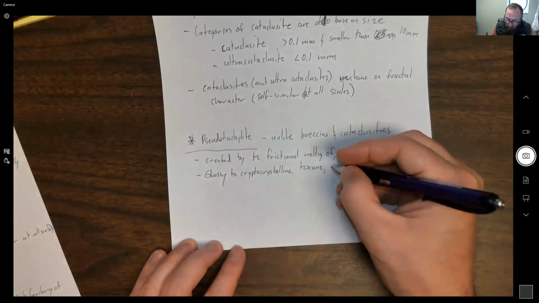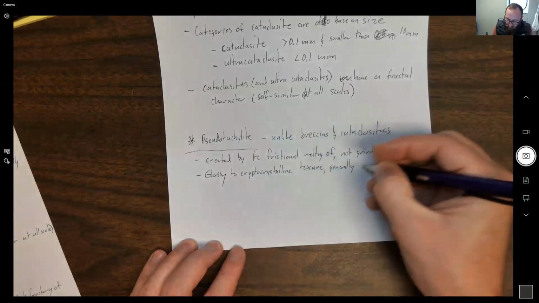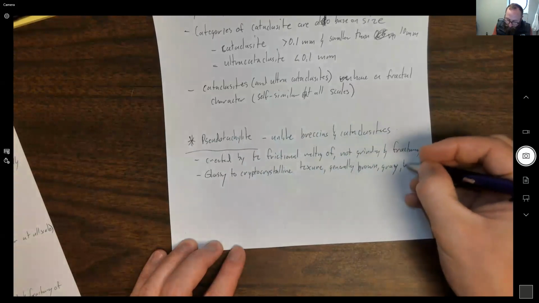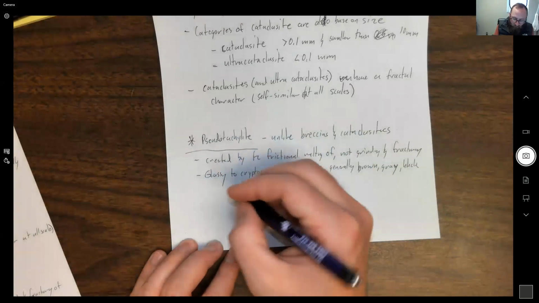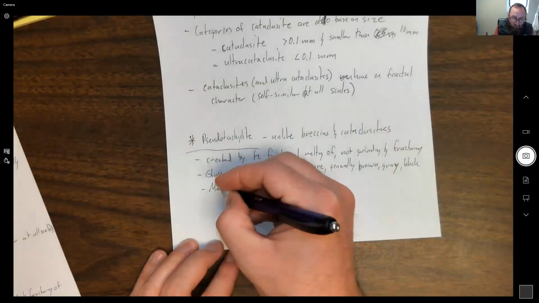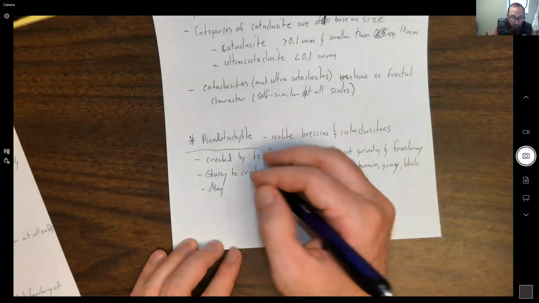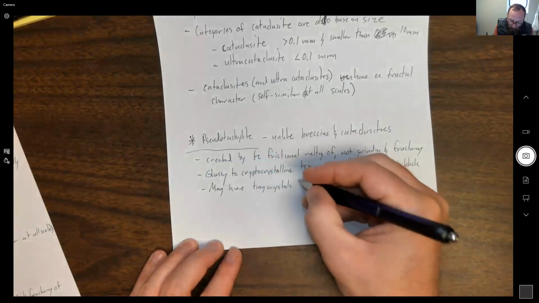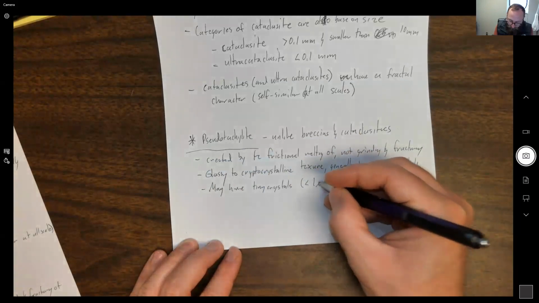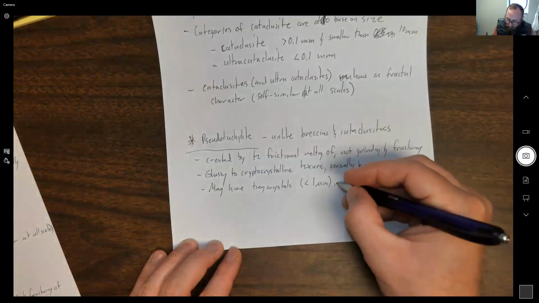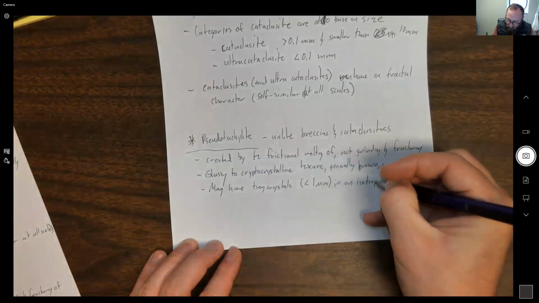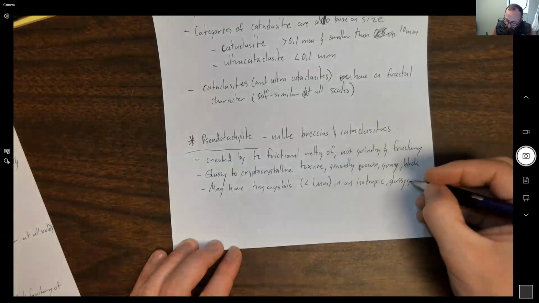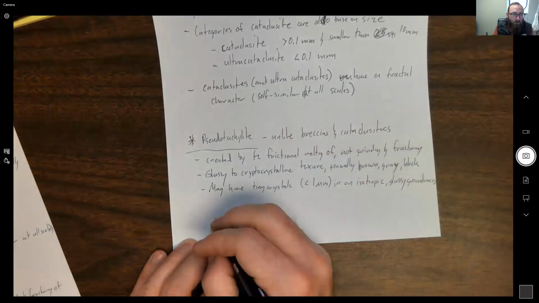They're generally brown to gray to black, and sometimes they may have tiny crystals, less than 1 micron, in an isotropic glassy groundmass.